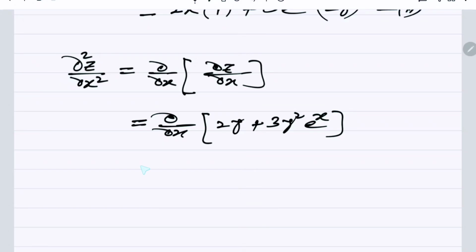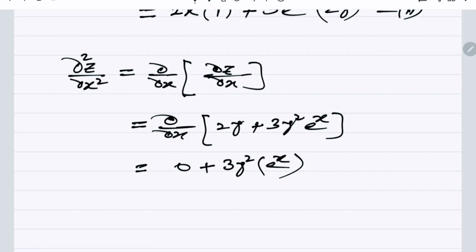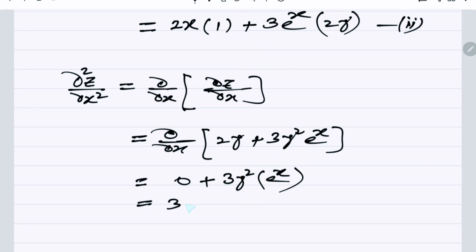Therefore, first term is a constant term, derivative of that constant term is 0. In second term, constant terms are 3y square, we take outside, and derivative of e raised to x with respect to x is e raised to x. Therefore, value is 3y square into e raised to x. Equation number 3.